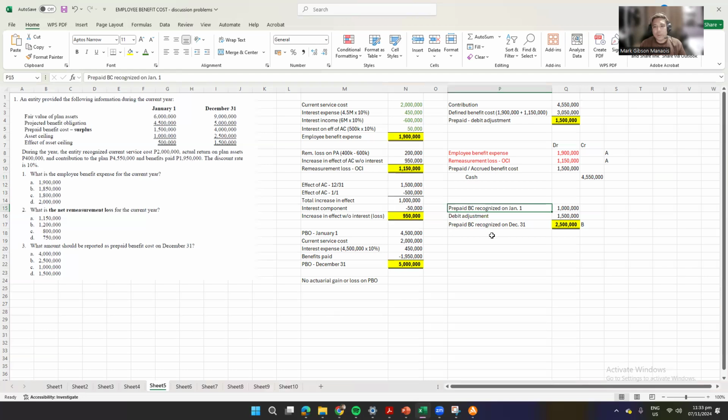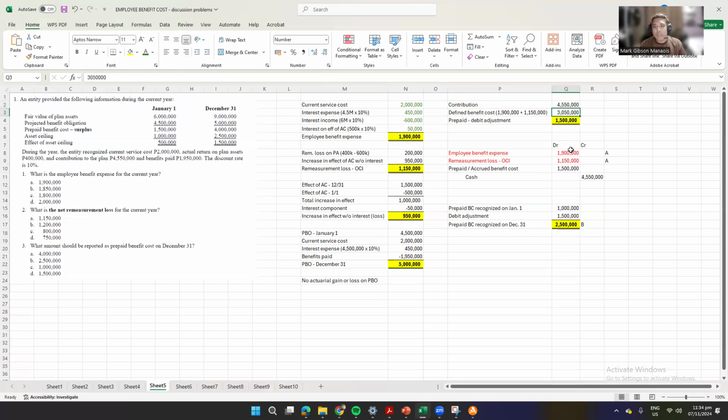Okay, so gawin natin, class, the prepaid benefit costs recognized on January 1 is 1 million. This is the asset ceiling, no? So we plus any debit adjustment. Itong debit adjustment, class, that's 1,500,000. Paano natin na-compute to? So we have the contribution of 4,550,000 plus the defined benefit cost, no?